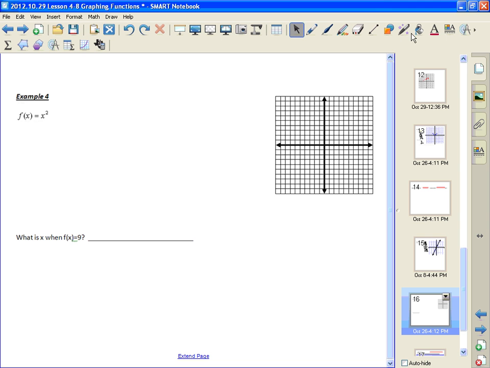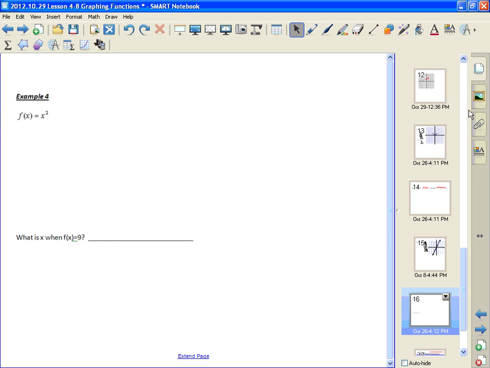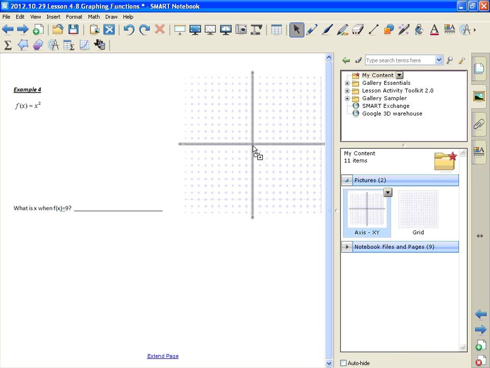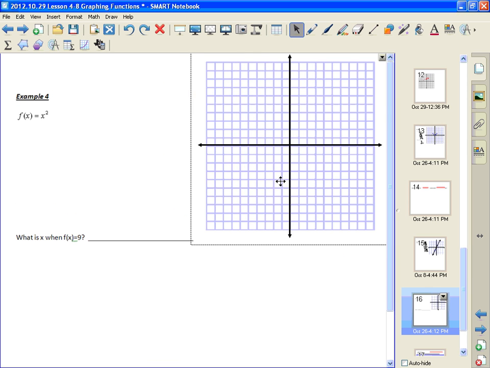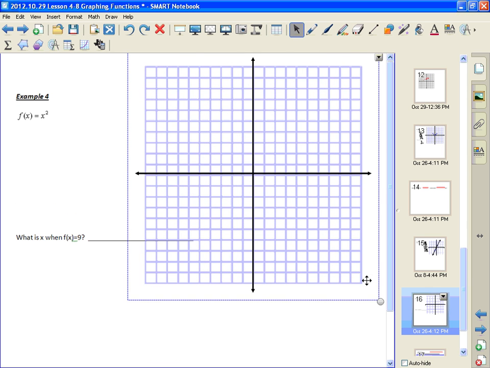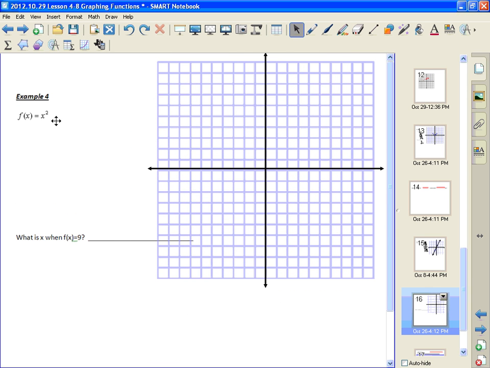All right, then for example 4, we have f of x equals x squared. And on that one, let me get my graph. Okay, once again, it doesn't give us specific values, so when it doesn't give you specific numbers, what is a good idea to use?